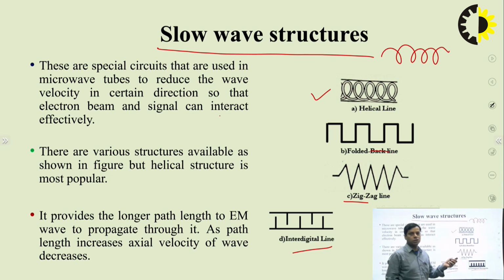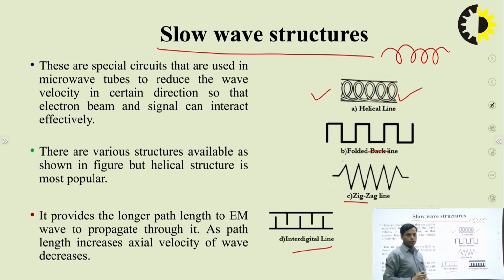So these are some possible structures that can be used to slow down the propagation of the wave in the TWT amplifier. Out of these we can use any one, but in the TWT amplifier we are using the helical line structure, the helical tube.